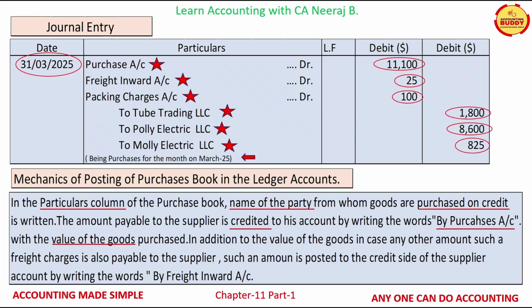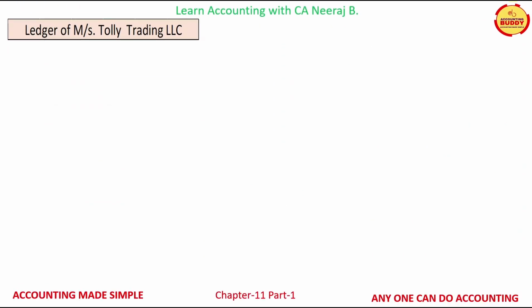In addition to the value of goods, in case any other amount such as freight charges is also payable to the supplier, such an amount is posted to the credit side of the supplier account by writing the words by freight inward account.